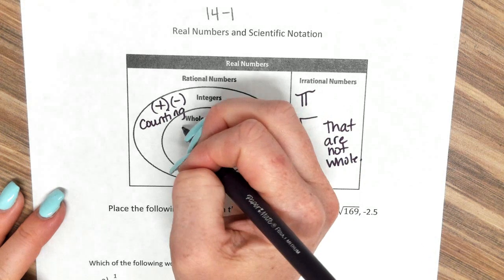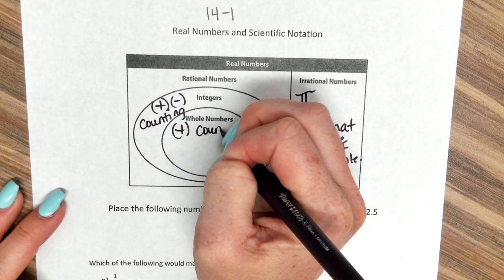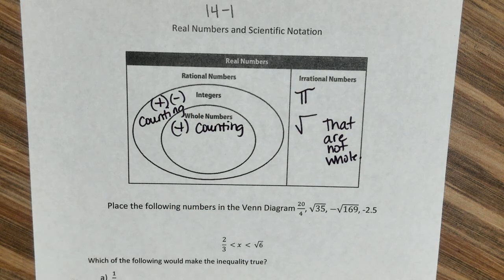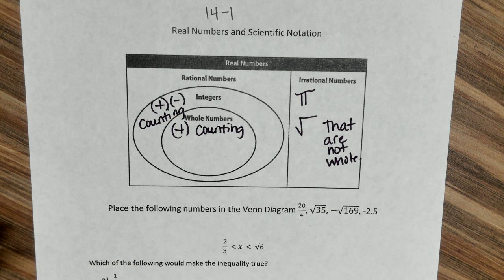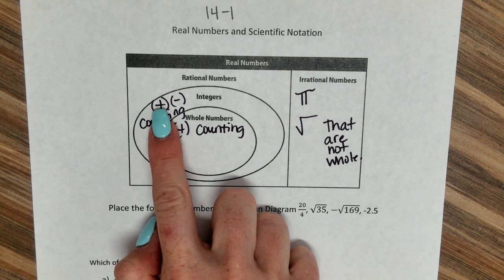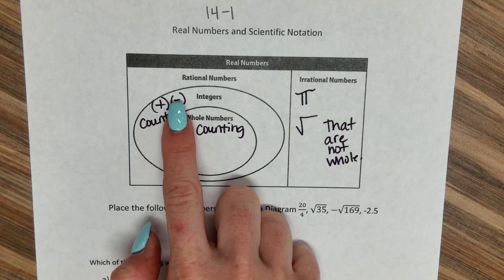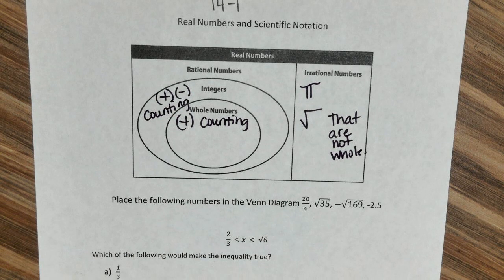And whole numbers are only positive counting. But again, whole numbers are rational. So if I say, hey, is 5 rational? You would say, yes, it is. But it's specifically a whole number. Is 5 an integer? Yes, because integers are positive and negative counting numbers.